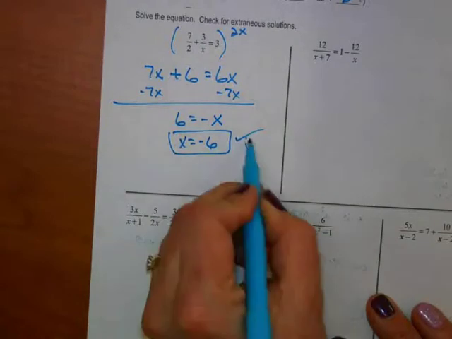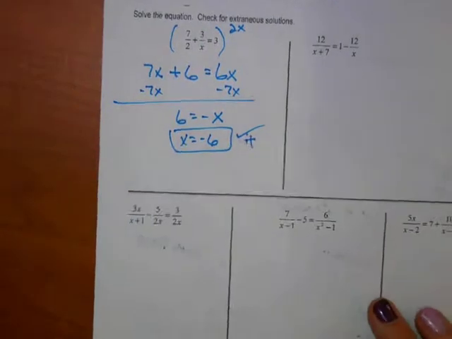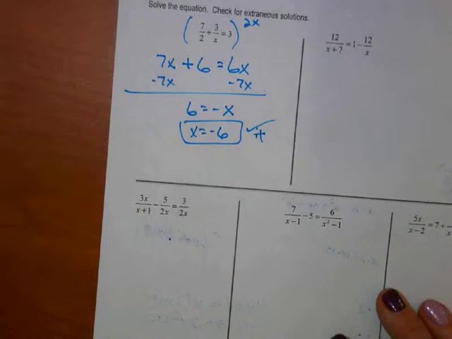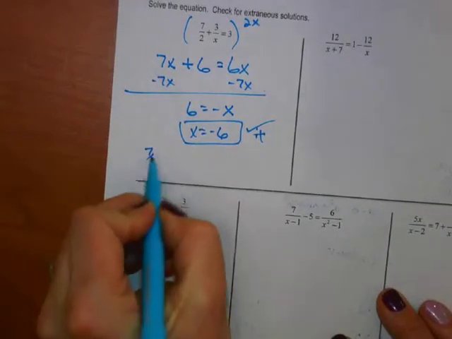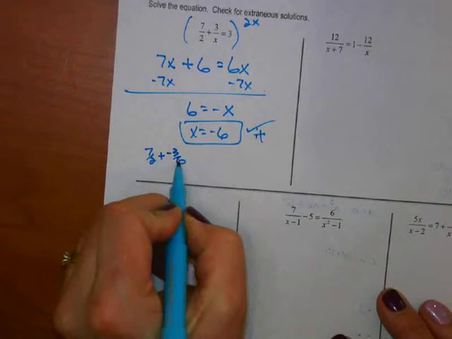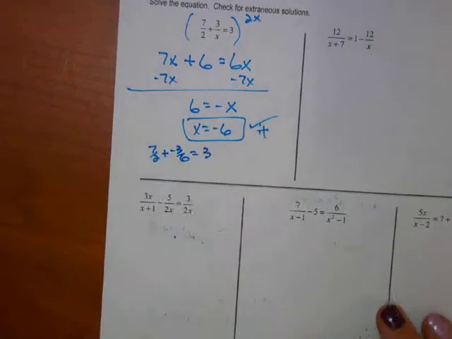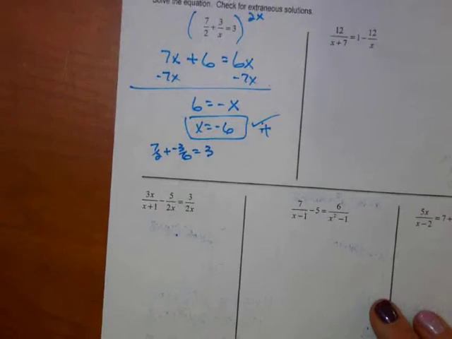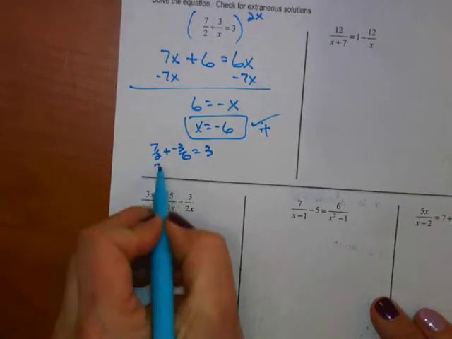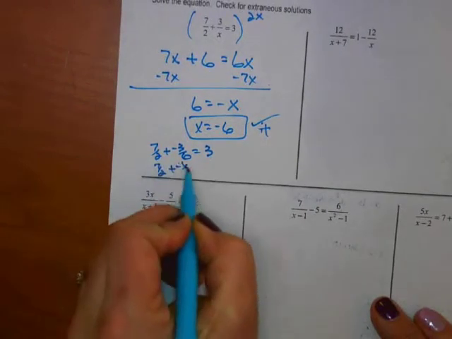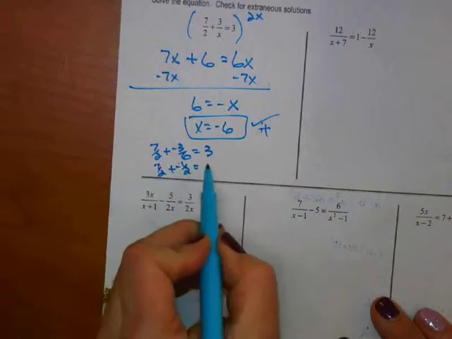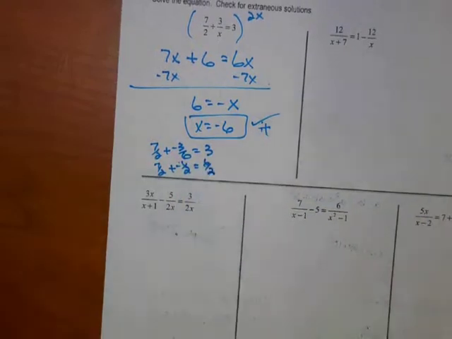Check it, just to make sure it's not extraneous. When you do that, you get some fun fractions that look like this. Does that end up working? 7/2 plus negative 1/2, does that equal 6/2?